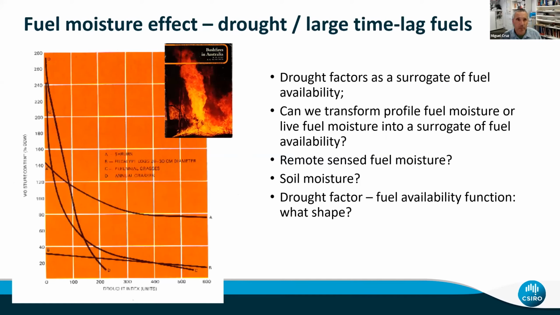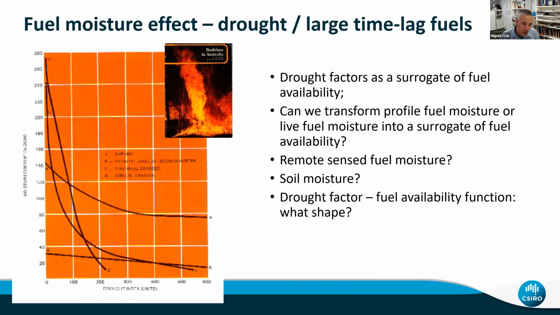Now, this is quite a tricky concept or issue. For once, we know with drought index, as in this figure from bushfires in Australia showed, as drought index goes up, a lot of the fuels on the understories, be it shrubs, perennial grasses, and coarse woody debris, the moisture of these fuels goes down, right?